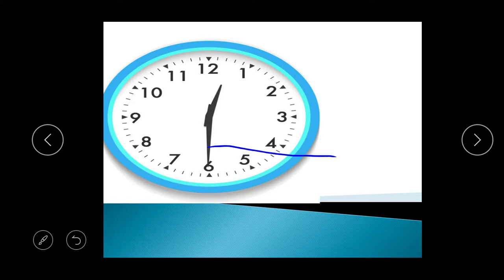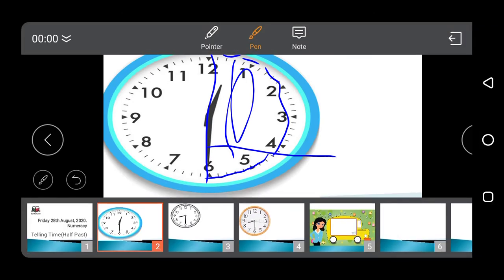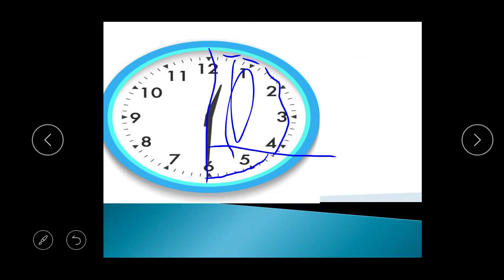So let's divide the clock into two this way. This minute hand has moved from here, and moved to this part. That is why it is called half past. So it has moved, and stops at 6. So when it stops at 6, you know it is half past.